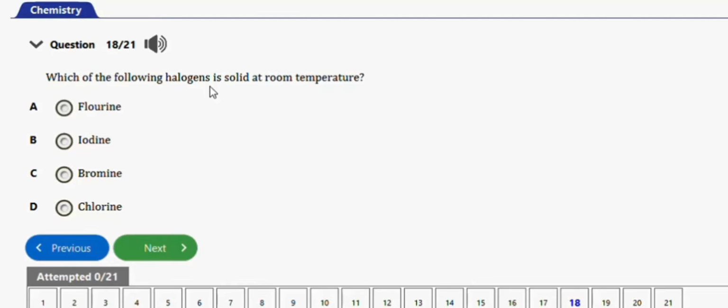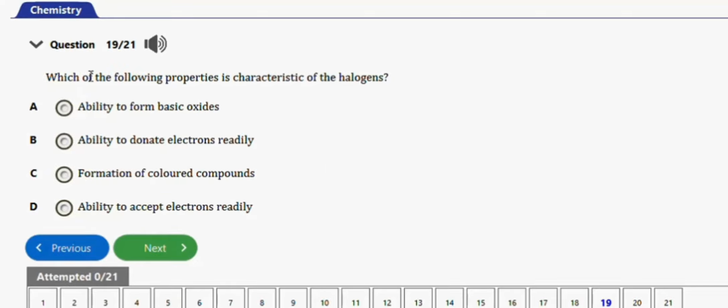Solid at room temperature. So guys, the right answer to this question is option B, iodine. Alright, iodine is solid at room temperature, while bromine is liquid at room temperature, chlorine is gaseous at room temperature. Always differentiate these guys. The next repeated question will be this one.